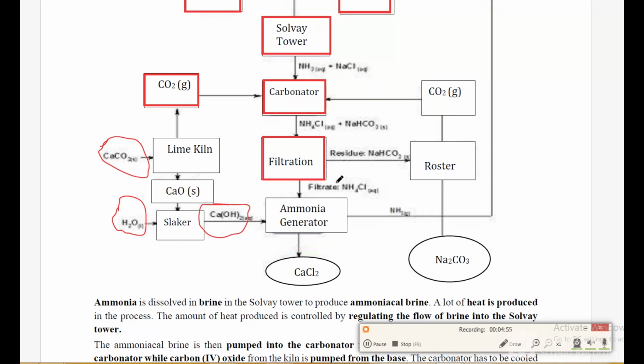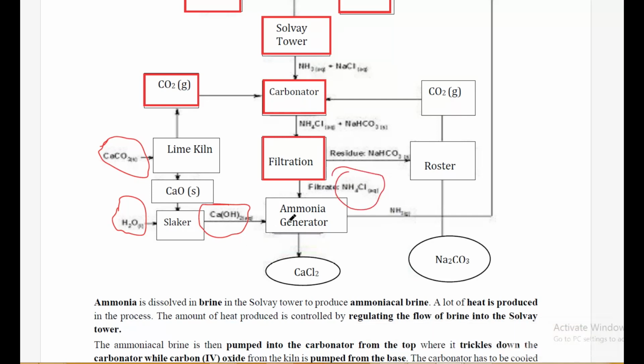Ikiingia hapa inakutana na ammonium chloride. Sawa sawa. Now calcium hydroxide in the ammonia generator combines with ammonium chloride to generate now ammonia, calcium chloride, which is this one, and then water. So the ammonia generated here is recycled.